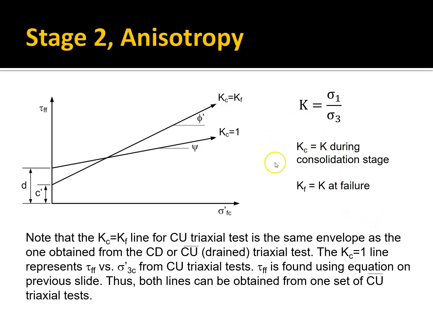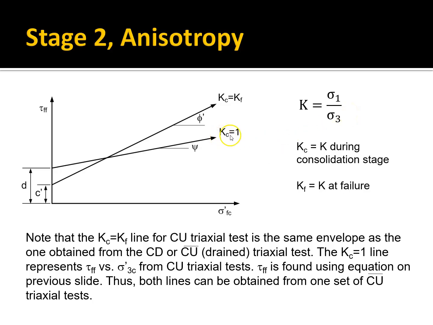Now, however, there are multiple curves here depending on what the K factor is, the normal stress ratio, during the consolidation stage. So this K is equal to sigma 1 over sigma 3.